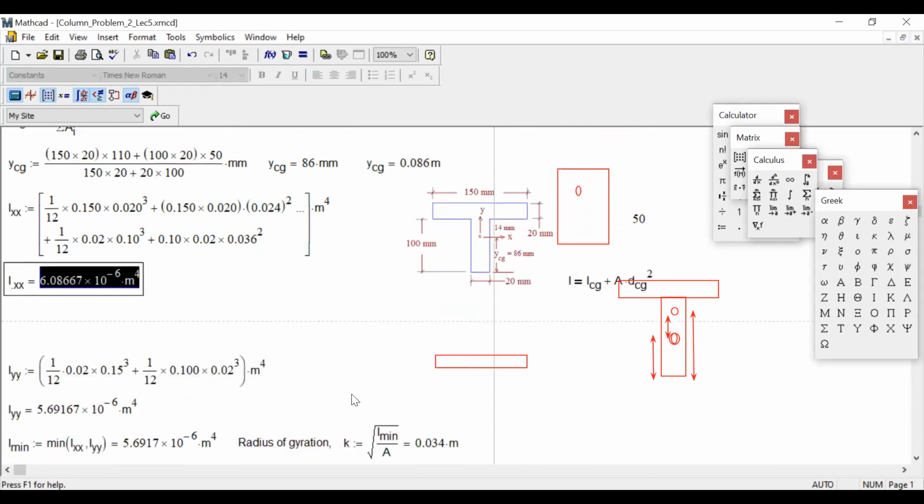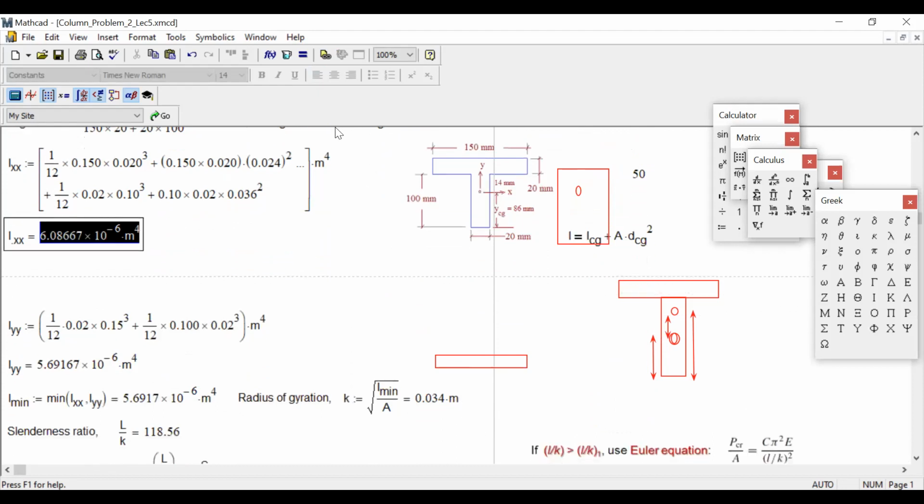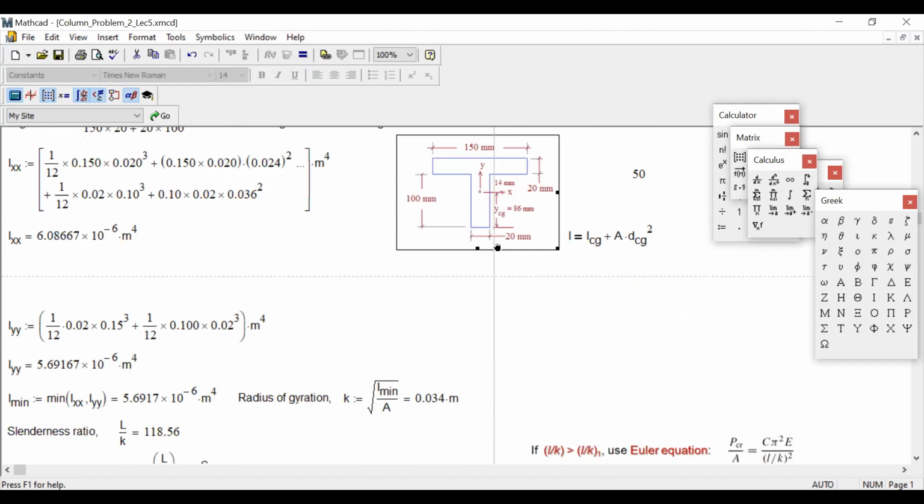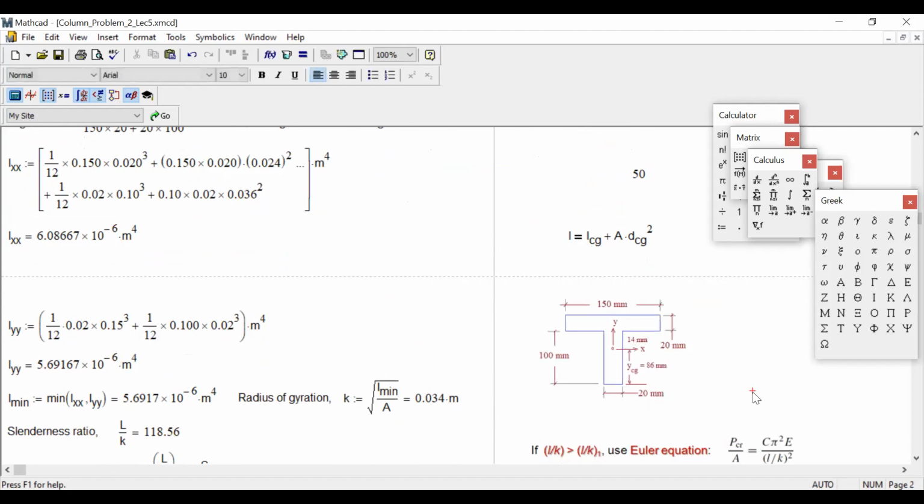Similarly, we need to figure out IYY. Then we'll get the I minimum. Now, how can we figure out IYY? You see, similarly, we can figure out the two areas, upper and bottom. So 1 by 12 BH cube.